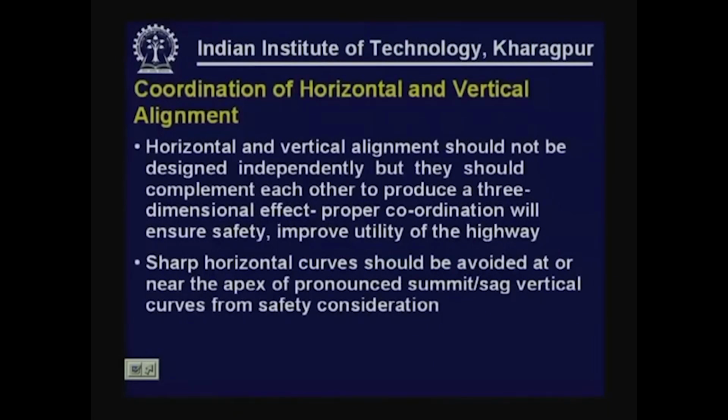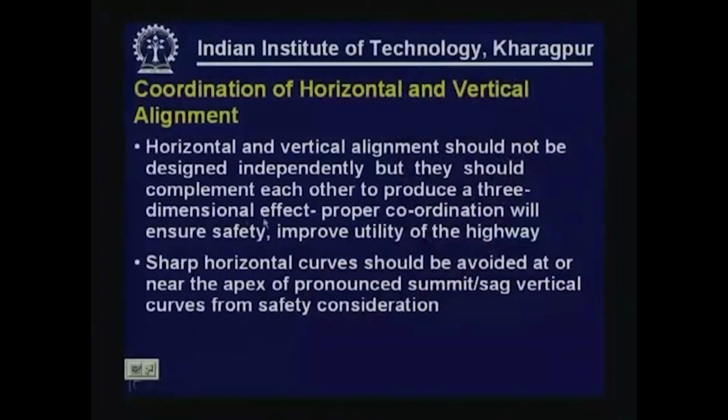Now, some of the general points about the coordination of horizontal and vertical alignment. Ultimately, the road is a 3-dimensional profile. It has got x, y, z dimensions. So, we have talked about the horizontal alignment, talked about the vertical alignment, but the overall coordination, the overall 3-dimensional profile is very important. So, horizontal and vertical profile should complement each other with proper coordination.